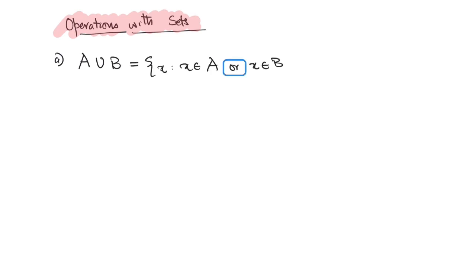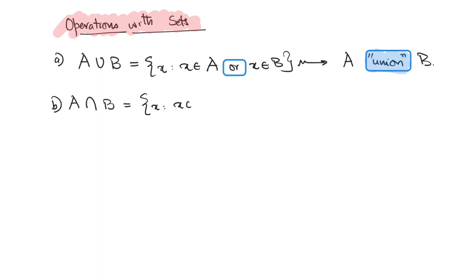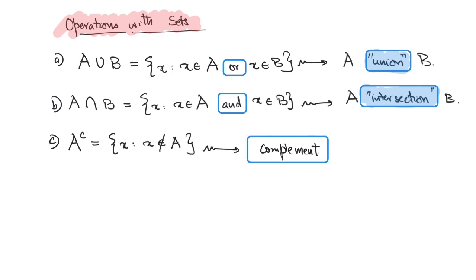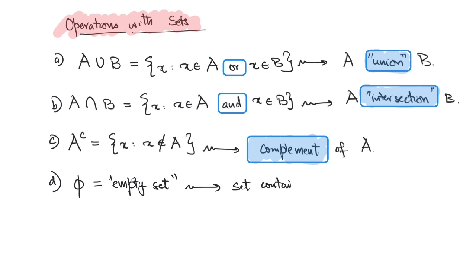A union B is going to be the set of all elements that are inside A or B. A intersection B is going to be the set of all elements X that are in A and in B. This is denoted by A intersect B. Finally, the complement of A is going to be the set of all elements that are not in A. And the symbol phi is going to denote the empty set, that is the set that contains no elements.